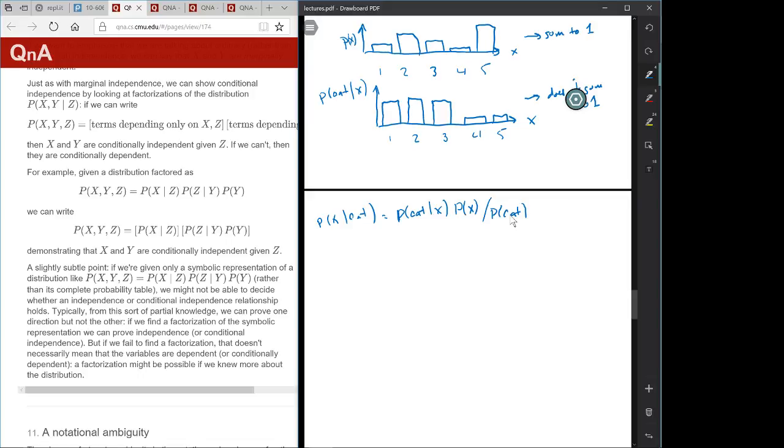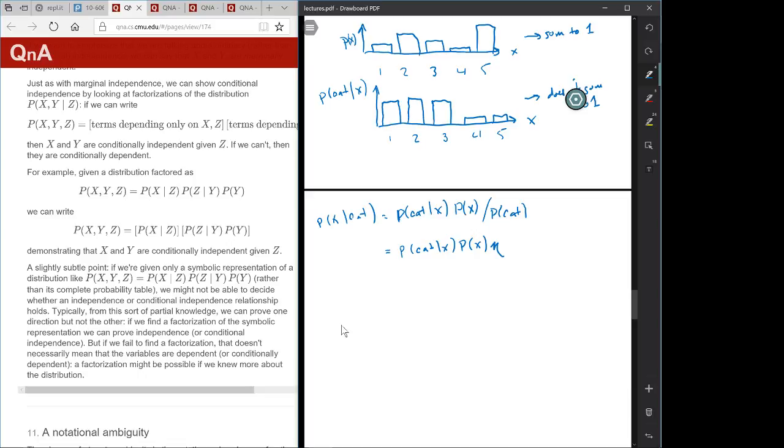But what we can do is use the fact that this has to sum to 1, right? So we know that because this is a conditional distribution over x, it has to sum to 1. And so we know that if we just call this P of cat given x times P of x times some number eta, right?